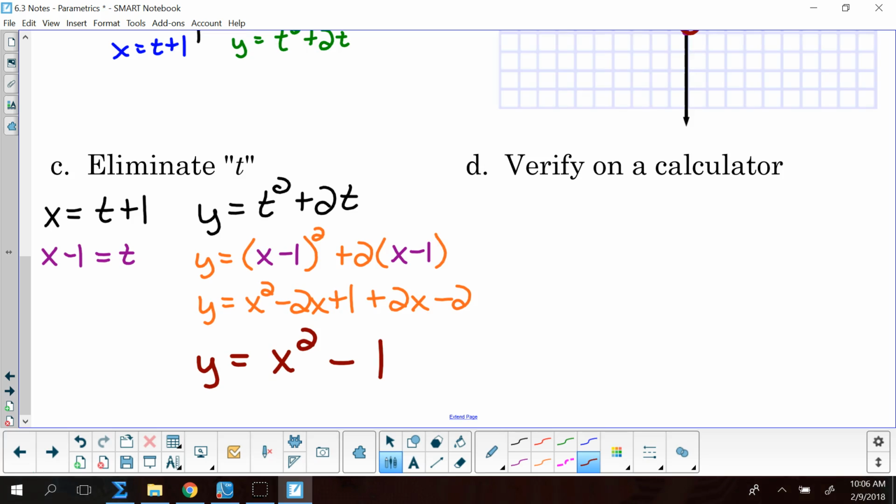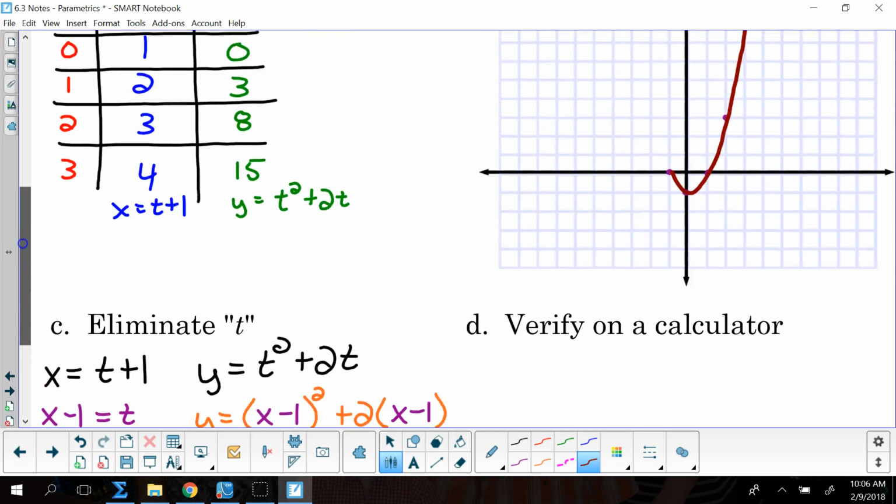Yes? What shape is y equals x squared minus 1? It's a parabola. Which way does it open? Up. Where's the vertex? 0 comma -1. Yep, it's down 1 from the origin.